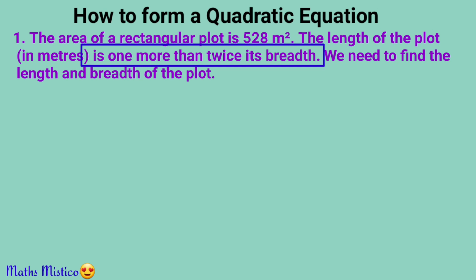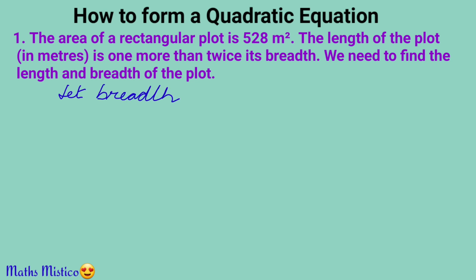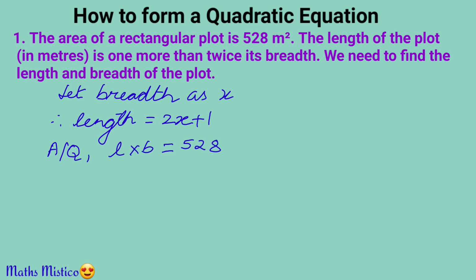This statement tells us that length depends on breadth. So we can take the breadth as x, and so length is 1 more than twice the breadth, so it will be 2x plus 1. Area of a rectangle is L into B, so we get L into B is equal to 528, or 2x plus 1 into x is equal to 528.